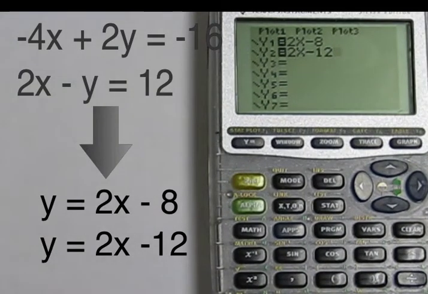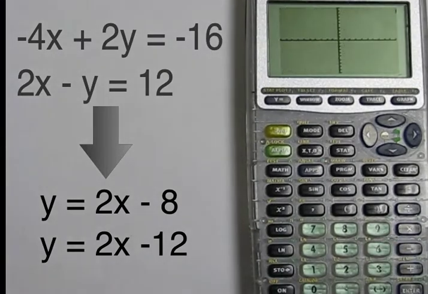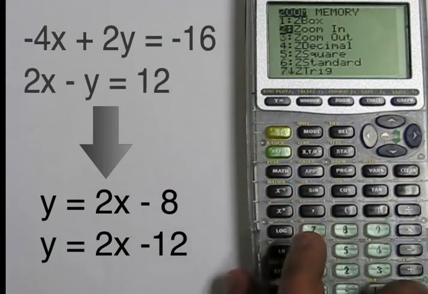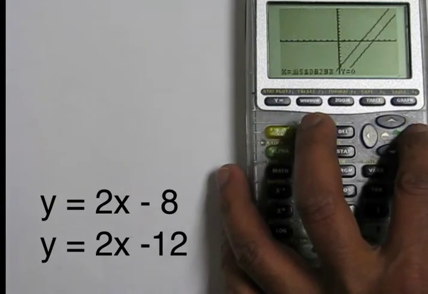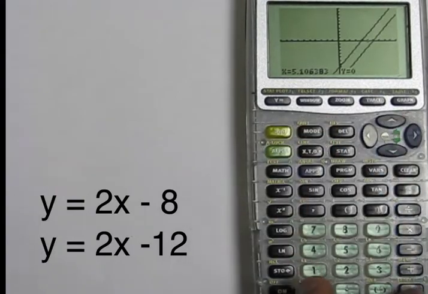And we want to show that these are actually lines, there's no solution, that these lines actually are parallel lines. We can click on zoom, and then 6, which is zoom fit, and we see the two lines run parallel to each other. And if I were to zoom into that area, let's hit zoom, and then in, and scroll to between the two lines so we could see what's happening there.